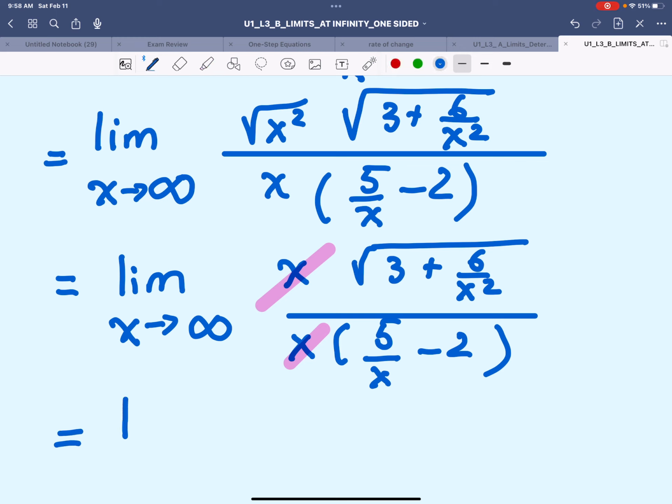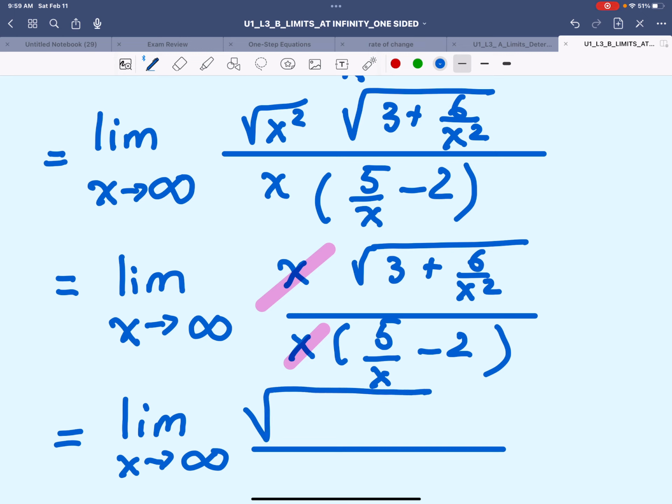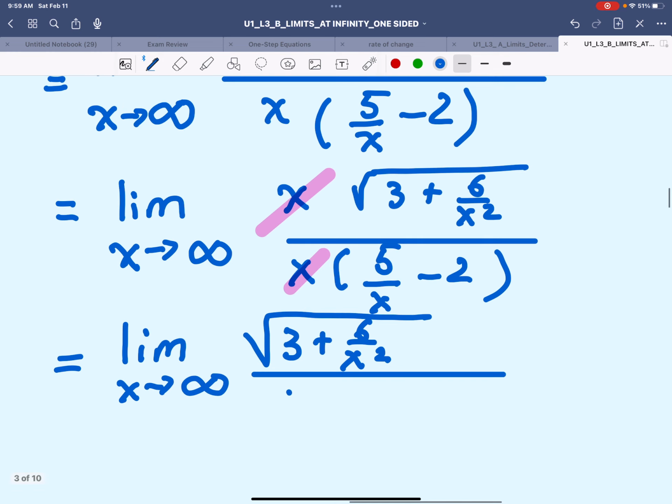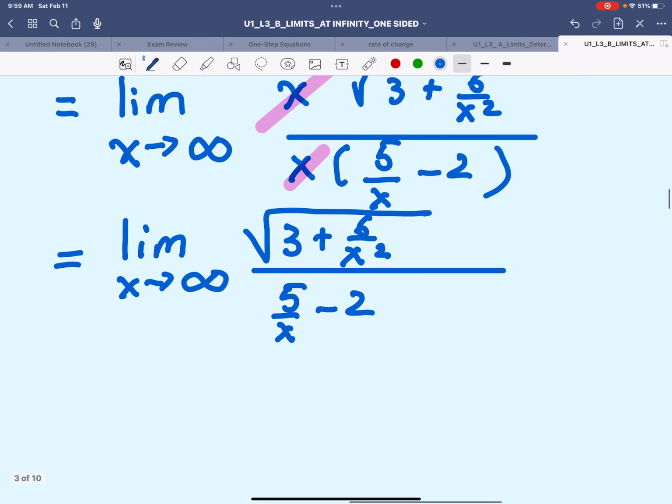And I will rewrite the limit one more time in the most simplified form. So we have the square root of 3 plus 6 over x squared over 5 over x minus 2. So it's time to celebrate evaluation of this limit now.